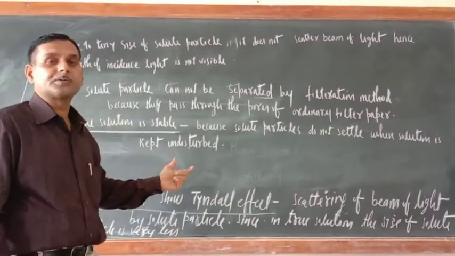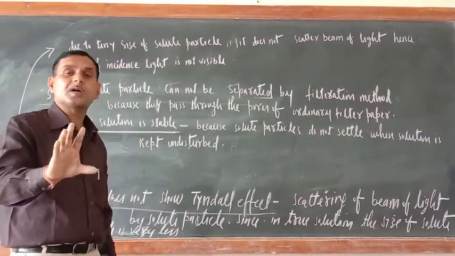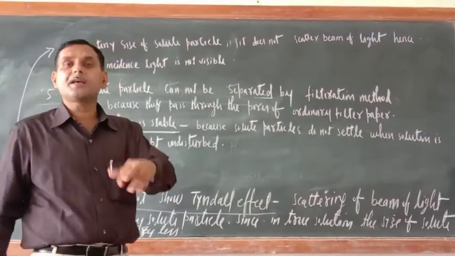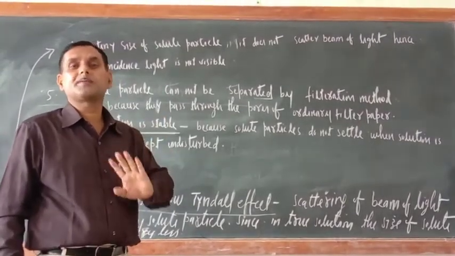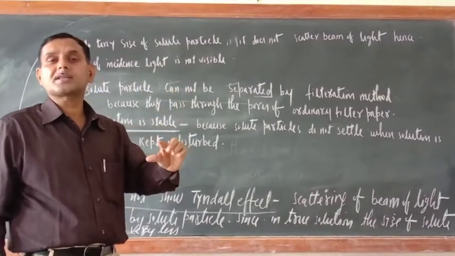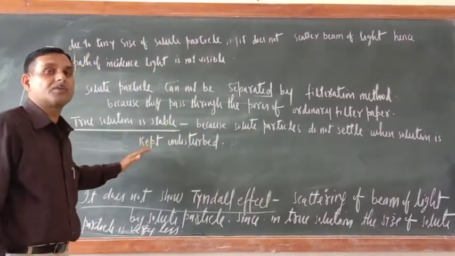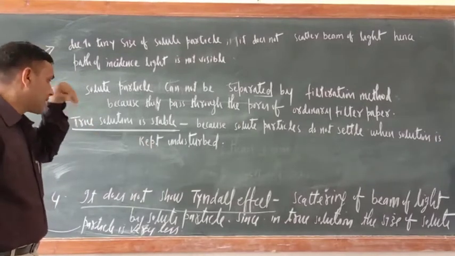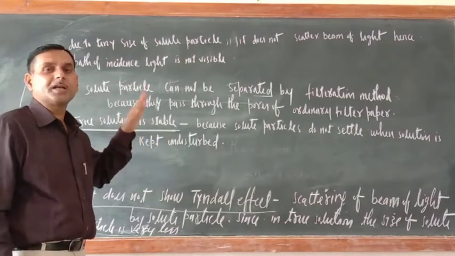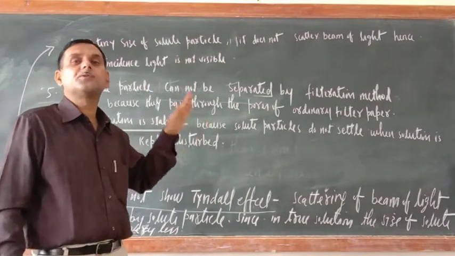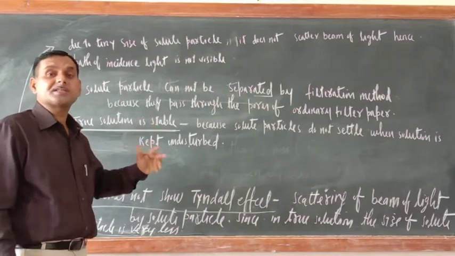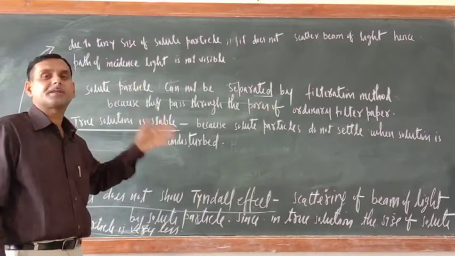In case of true solution, you make sugar syrup, sugar solution or salt solution and keep it undisturbed for some period of time, but the solute particle or salt particle will not settle down. That is why true solution is stable. So what is the meaning of stable solution? Solution in which solute particle do not settle down when kept undisturbed for some period of time.